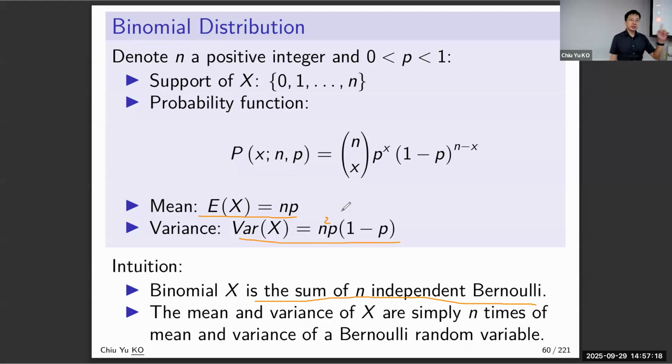You may ask, why is it not n squared? Some of you may ask, because some of you make that mistake. It's not n squared because it's not multiplied by n. You have n different random variables. It's not one variable times n. That's very important, because some of you may think, why is it not nx? It's not nx. Let's say n different variables are added together: x1 plus x2 plus x3 up to xn.